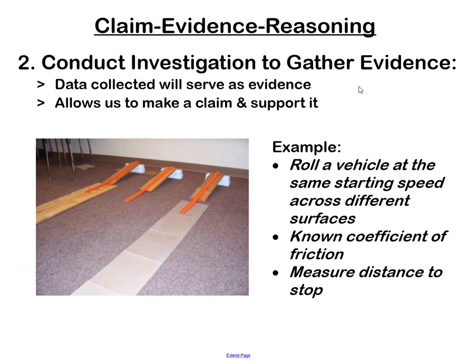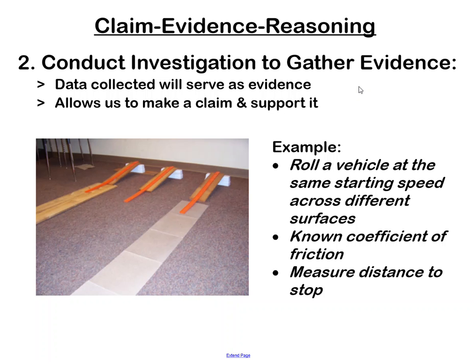And so step two is going to be, we need to conduct an investigation to gather evidence. So you're probably well aware by now science is about not feelings, but what can we support with data. And so to do that, we need to conduct a good experiment to collect data that's going to help us not only determine what our answer is, but justify why that is the correct answer based on the data we have.